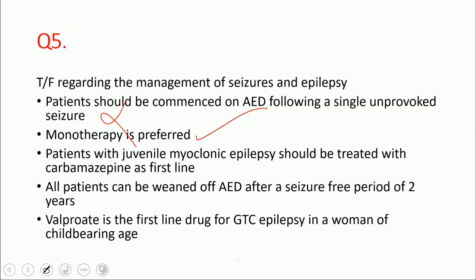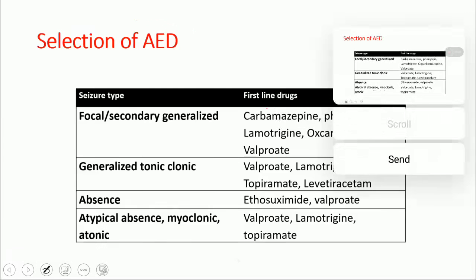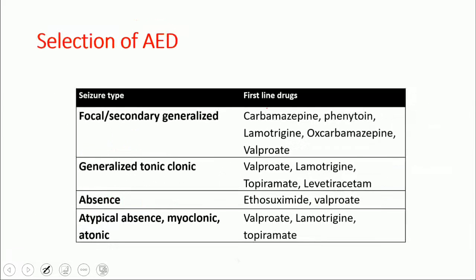So what anti-epileptic drugs can we start? This is a list of the recommended anti-epileptic drugs based on type of seizure. Somebody asked about EEG after first seizure. Yes, that's what I told.